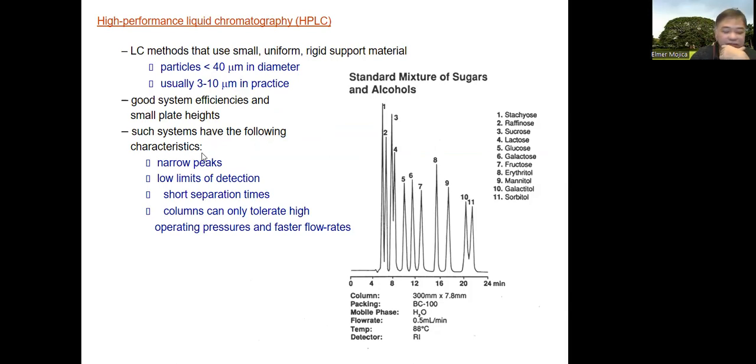Such a system has the following characteristics: a narrow peak, low limits of detection, short separation time, and columns that can tolerate high operating pressure and a faster flow rate. So if you have a good pressure, depending on the flow rate, you can have what we call a shorter time. So this is an example of the separation of sugar.